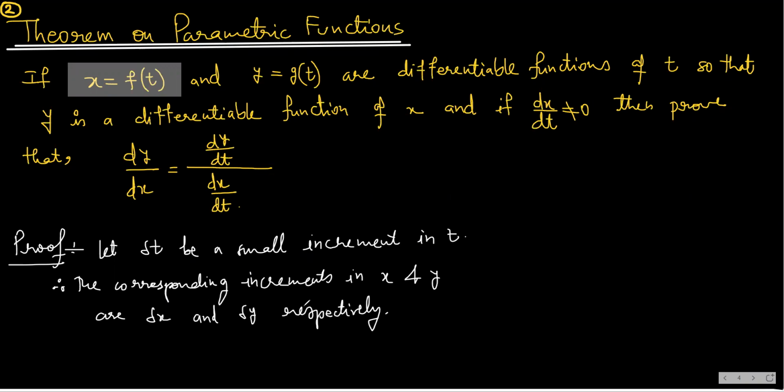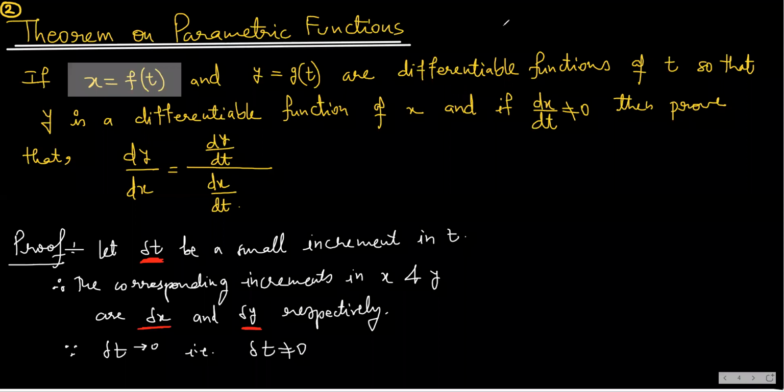What is the second step? I will have to write that none of these changes is equal to 0. So I will write here, since delta t tends to 0, this implies that delta t is not equal to 0.